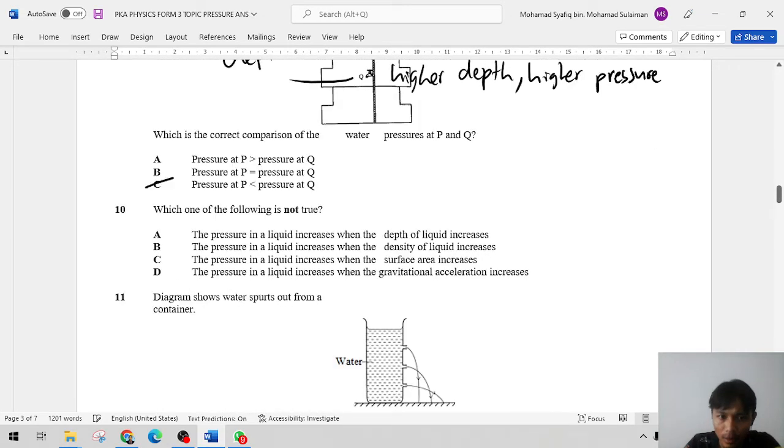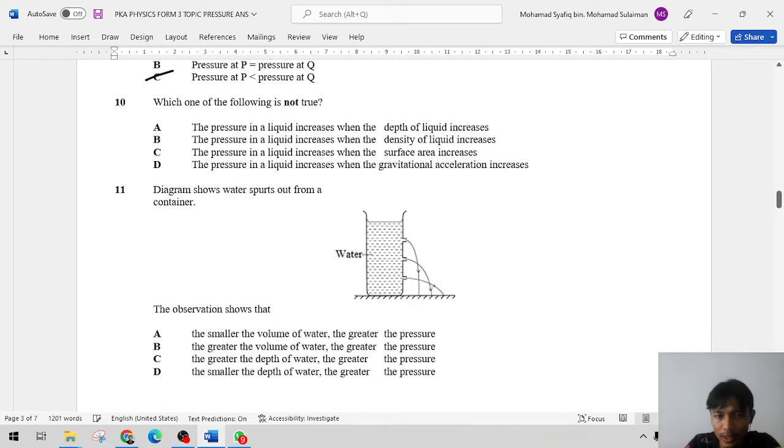Right, number 10. Which one is not true? Not true. So it's all about pressure in liquid. Pressure in liquid is equal to density times G times H. Alright, so all are increasing if the depth increases, correct. If density increases, correct.